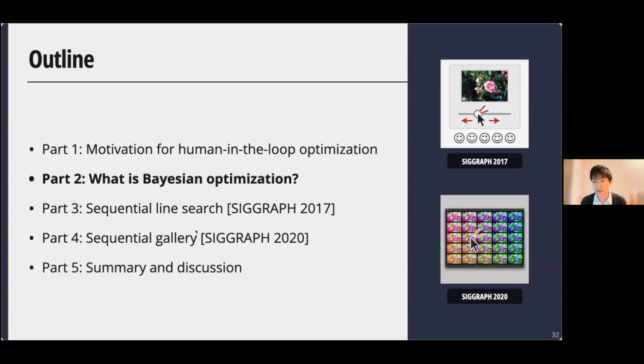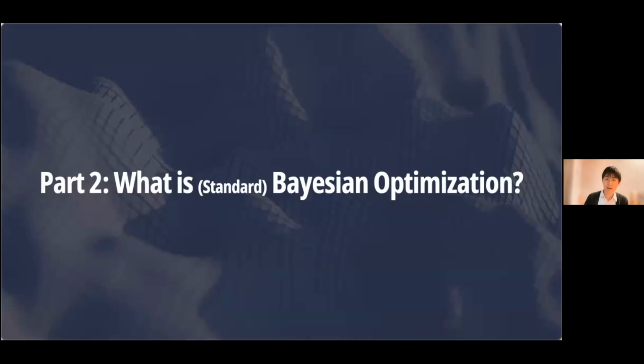Our two papers are based on preferential Bayesian optimization, but before explaining PBO and these two works, I'd like to talk about the standard Bayesian optimization first. Okay, so what is standard Bayesian optimization?